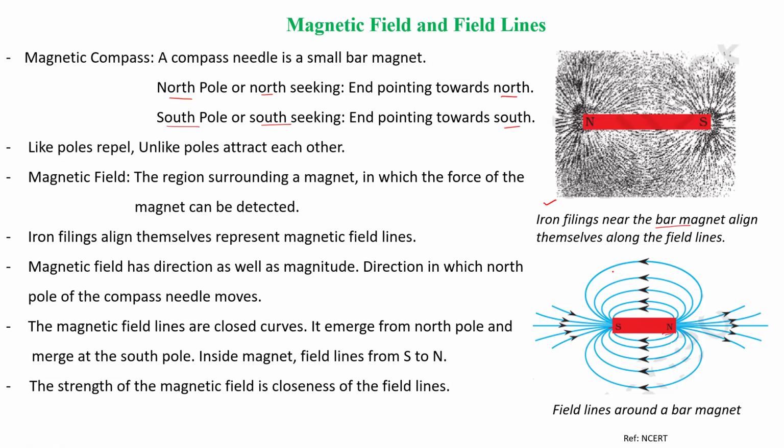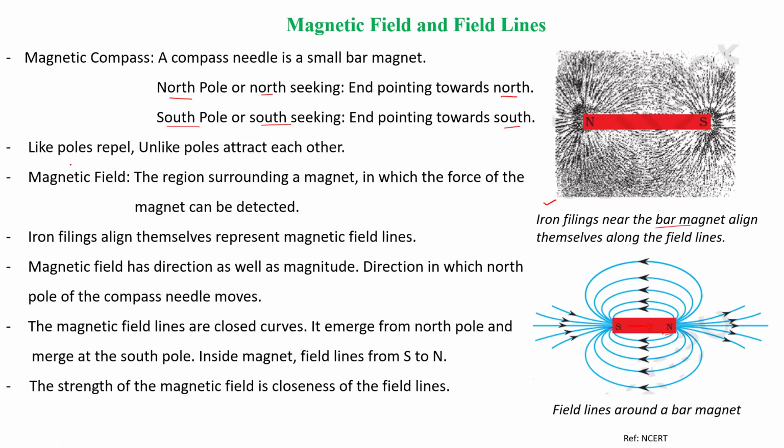Outside we see north to south, inside it moves from south to north. And when we move away from the pole, the circle dimension increases. That's why these magnetic lines of force do not intersect anywhere. Two magnetic lines of force will not intersect each other anywhere.